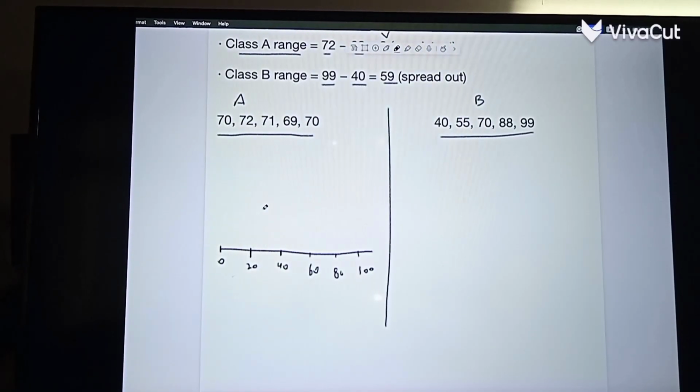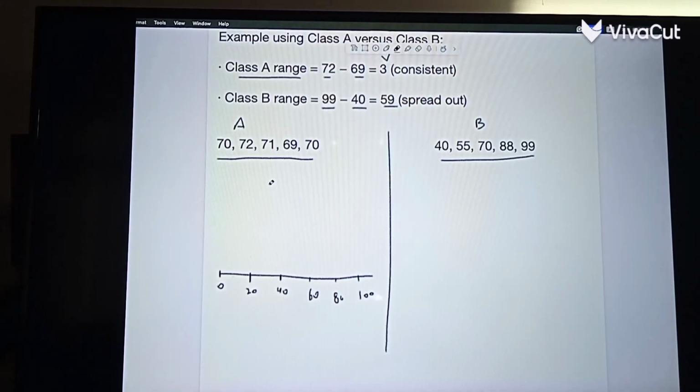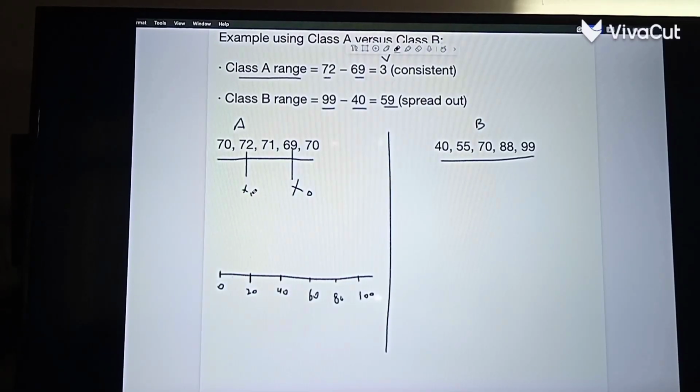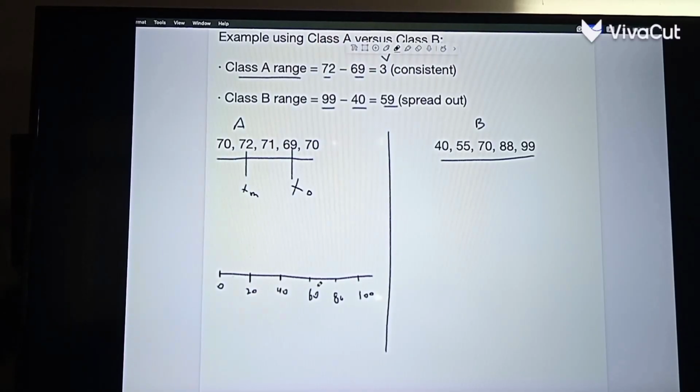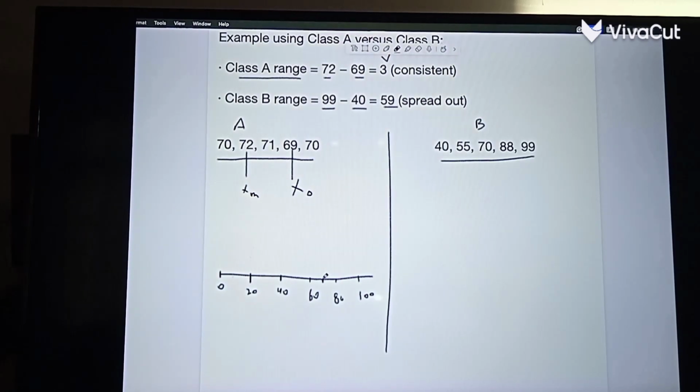Now the minimum value is 69. This is x naught, and the maximum value is 72. This is xm. So let's identify the values here. X naught is 69, so 69 will be below this 70. The middle value is 70, so this will be here. So just put a dot on x naught.